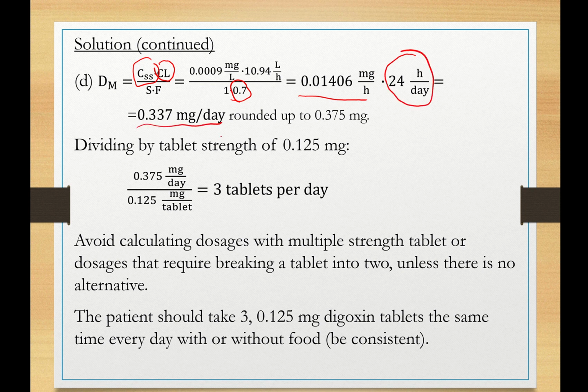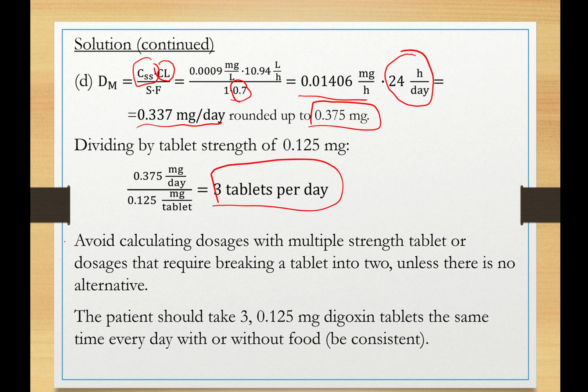And this is your daily dose, rounded up to 0.375 milligrams. You don't have a choice here. You have to round it up because you're going to have to give tablets. The tablet strength was 0.125. So divide this total dose by the tablet strength, and you have 3 tablets a day.